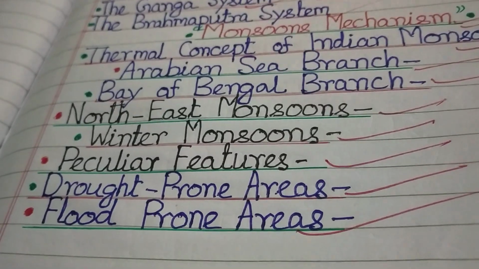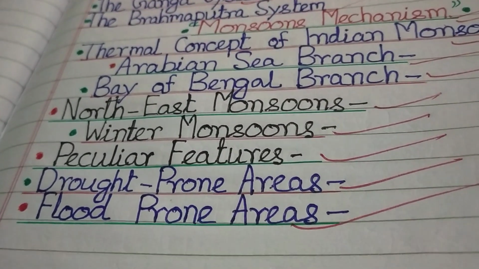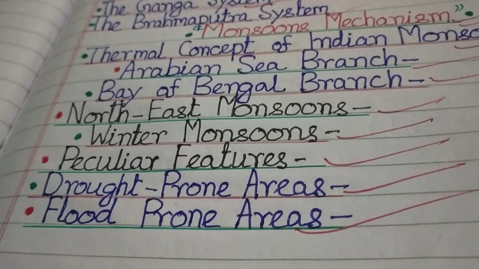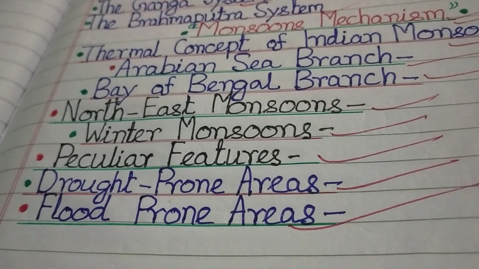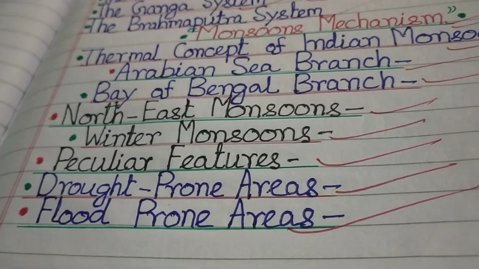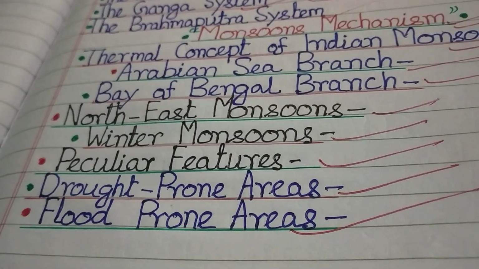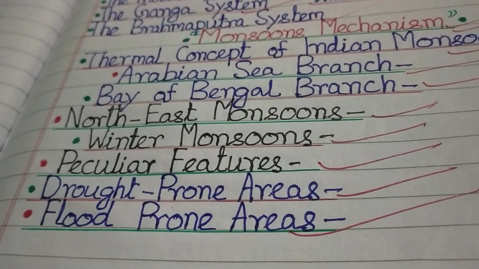These disturbances cause up to 5 cm rainfall in Punjab and Kashmir and up to 2.5 cm rainfall over the Uttar Pradesh plains.